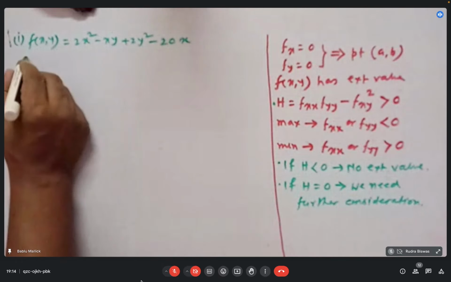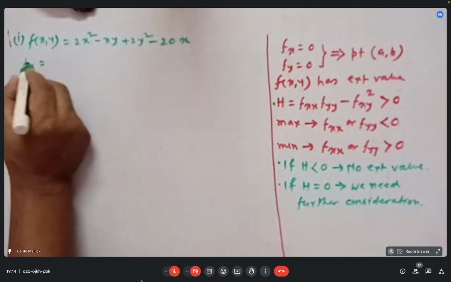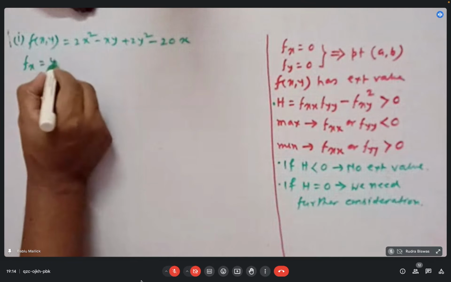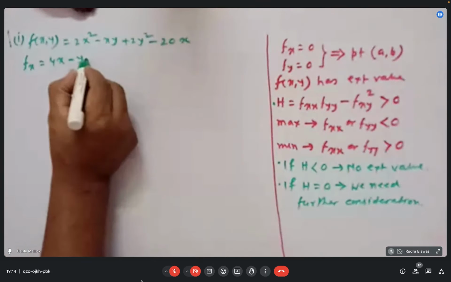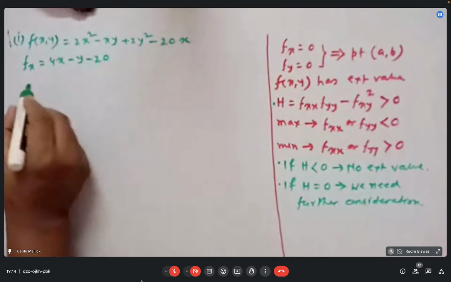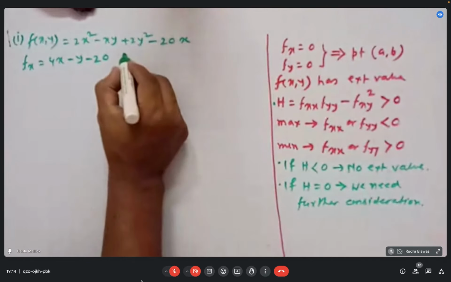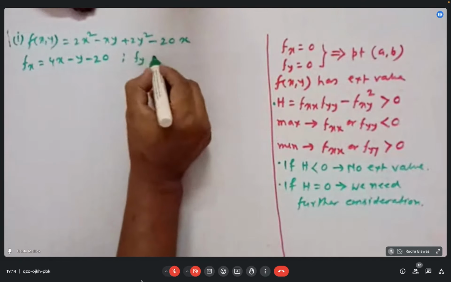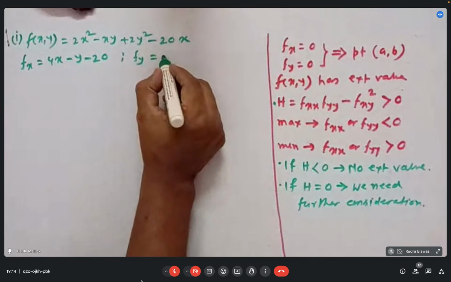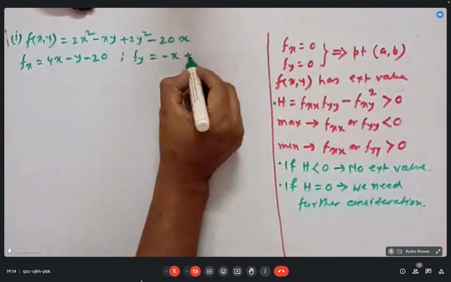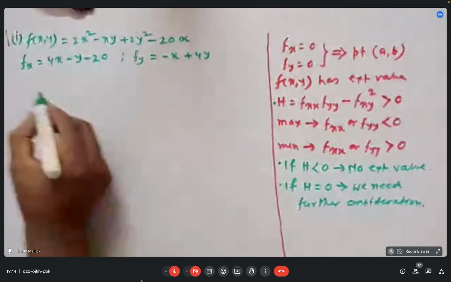So we shall calculate first fx. fx is equal to 4x minus y minus 20. fy is equal to minus x plus 4y.